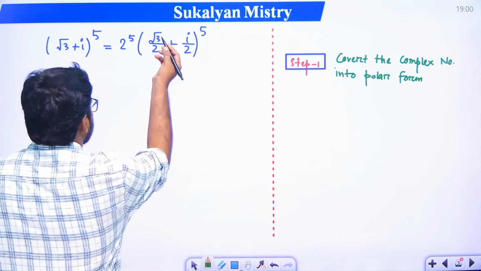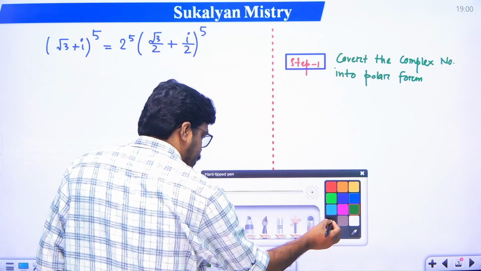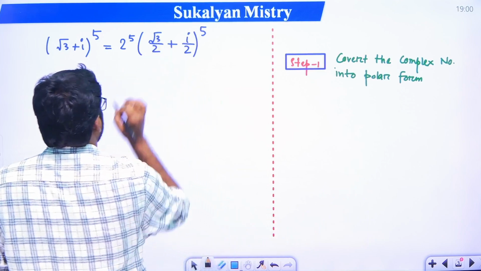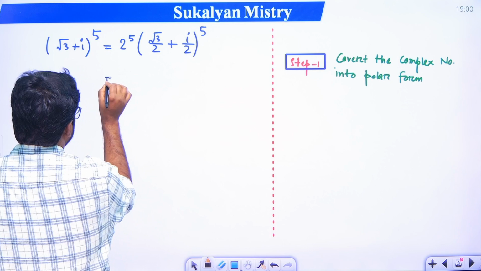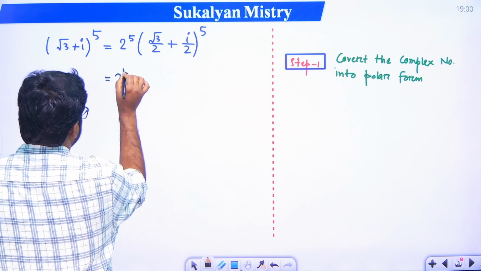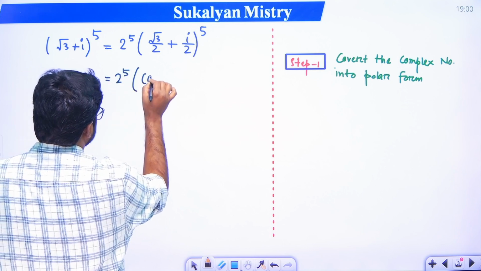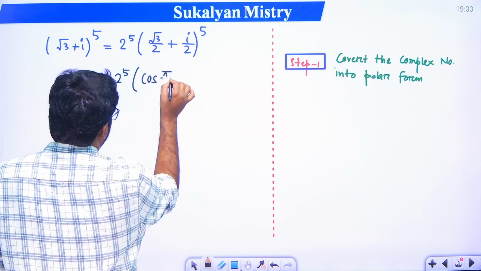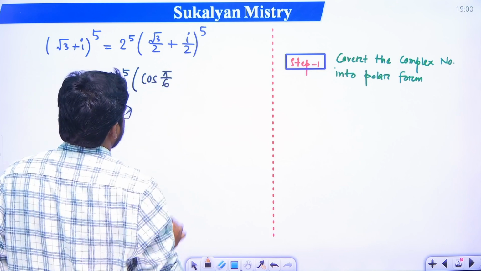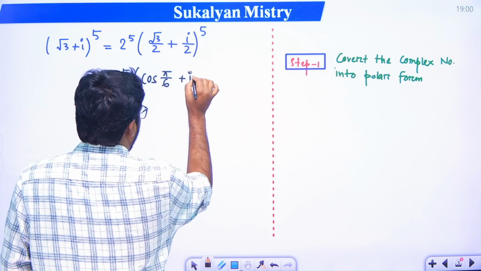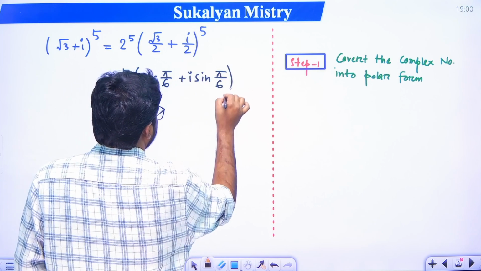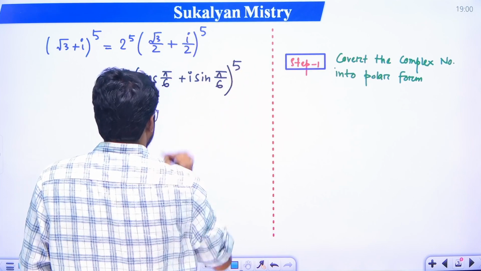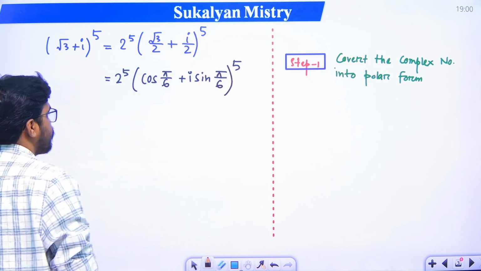So this can be written as 2 to the power 5 into (cos pi by 6 plus i sin pi by 6) to the power 5, right?